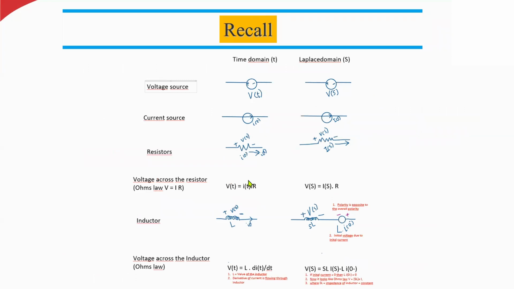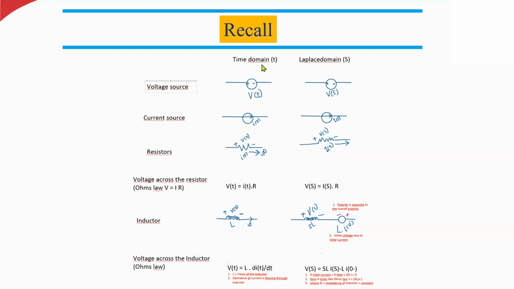Before we go into the problem, I would like to recall the same information I have shared with you earlier. For example, the voltage source. How can you represent the voltage source in the time domain? Here we are saying v of t, with the polarity plus and minus, and this is the representation of the voltage in the time domain, voltage with respect to time.